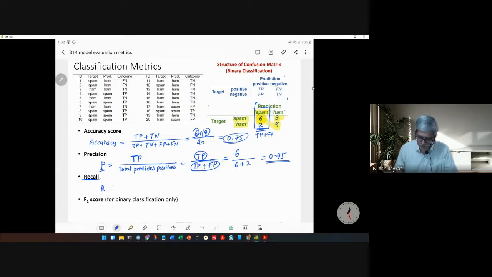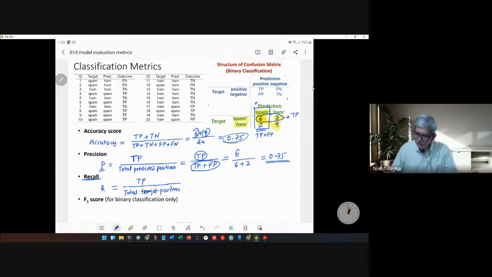So recall again has true positive in the numerator. That is what your model is predicting and is actually matching with reality. And here you have the total target positives, meaning how many are actually positive, out of which how many you are able to extract correctly. So this actual target positive is nothing but the summation over this region.